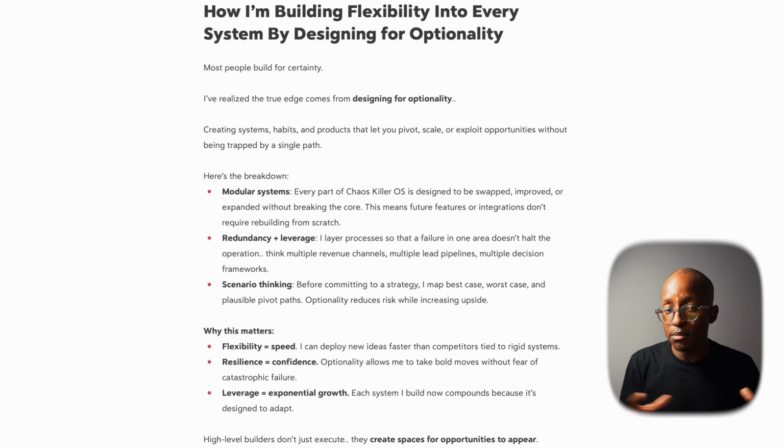Because I think one of the most important things when you are designing systems specifically is to be able to make them modular, so that you can swap out parts without breaking the entire core function of the specific use case that you're building these systems for.